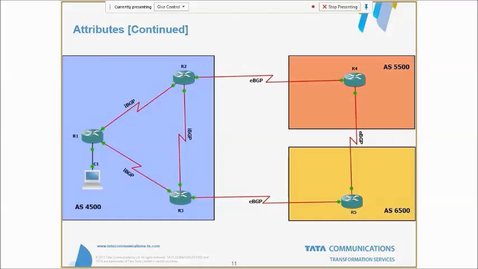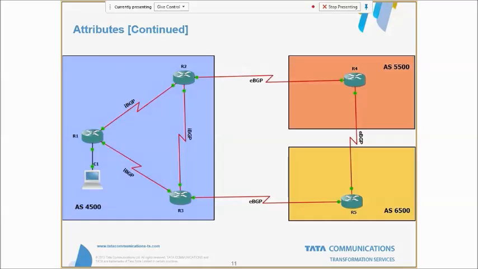Just assume R1, R2, R3 are in the same autonomous system, so they form IBGP peers, and R4 and R5 are in different autonomous systems, so they form EBGP peers, which we are going to discuss later in our session. Say AS 4500 is our Chennai branch, AS 5500 is our Pune branch, and AS 6500 is our Bangalore, Ernakulam branch. We are at R1.